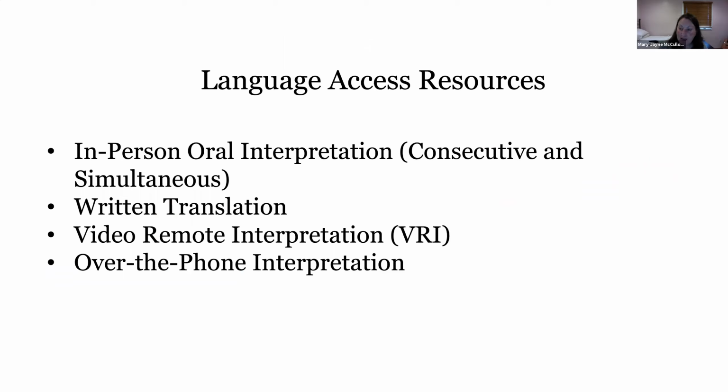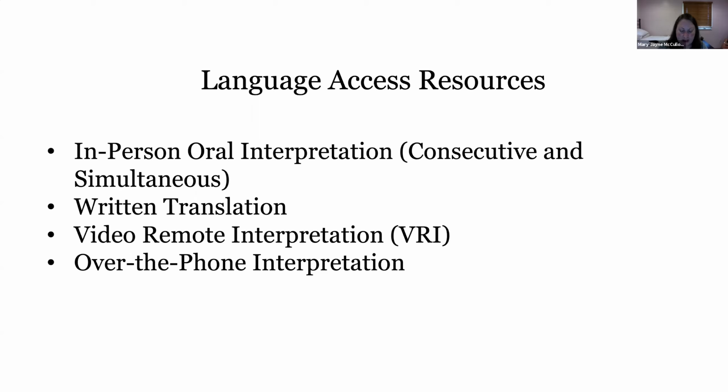Most commonly, you'll find in-person oral interpretation, notwithstanding video interpretation for the deaf community. Today we're focusing on English learners who do communicate verbally and orally. Written translation, video remote interpretation or VRI, and over-the-phone interpretation or OPI.